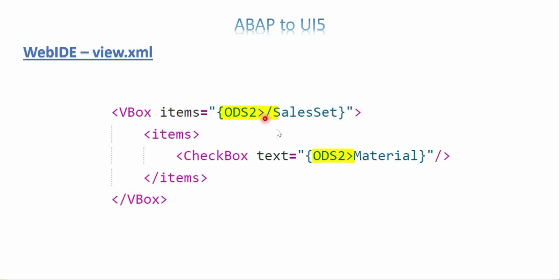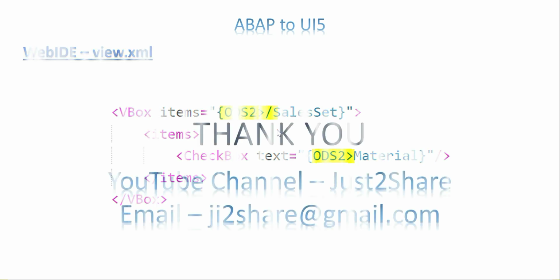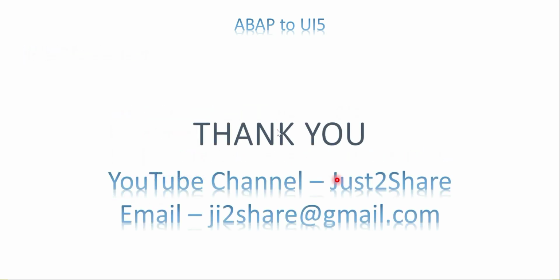The syntax is the identification, greater than symbol, slash entity set, and here also identification, greater than, and your field name, the OData service field name. Once you have done that, automatically the values come from your OData service entity set and the particular field name. Clear? That's it. Hope you now have some idea how to connect the OData service. We'll do the same in the system now.